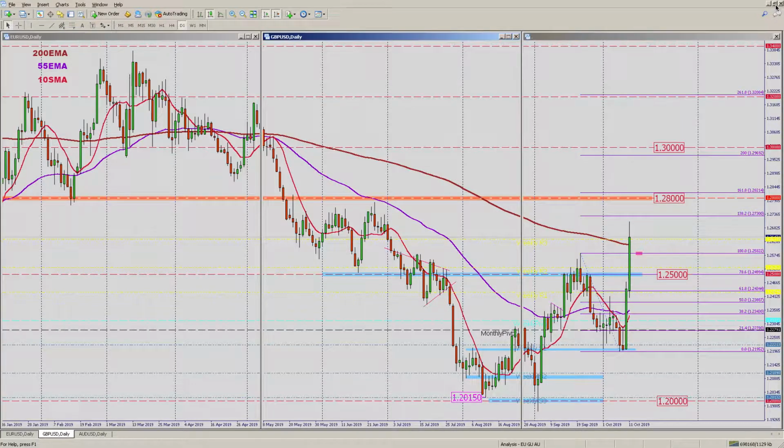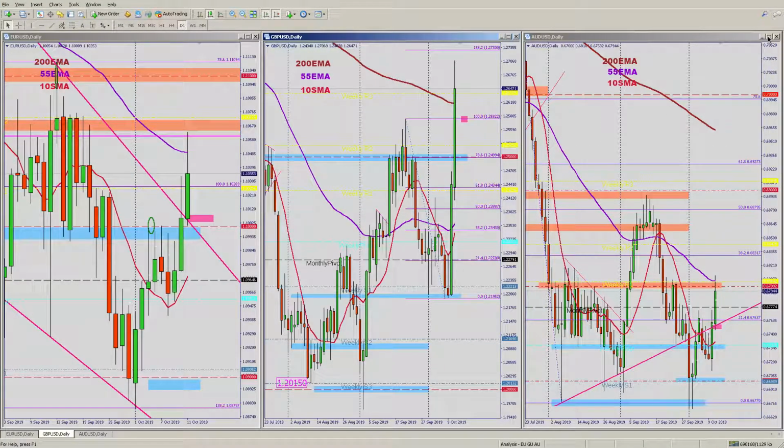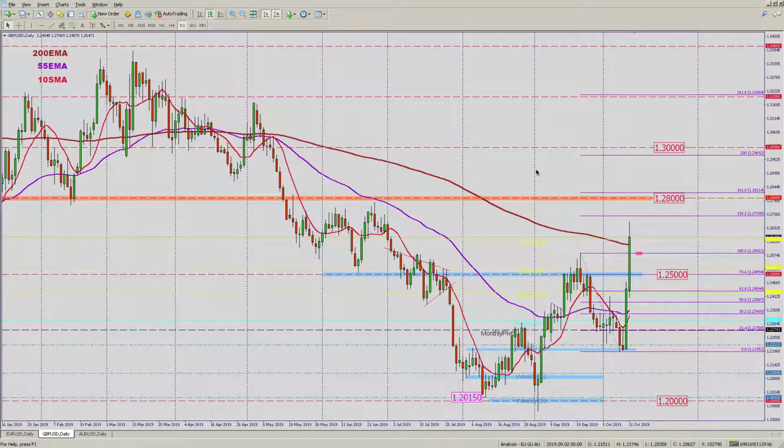Let's move on to the Aussie dollar. Before that, just to highlight that if a deal does materialize, apart from the 128 and the 162 fib extension levels, the next target area is going to be at the 1.300 psychological figure here, right near the 200 fib extension area.